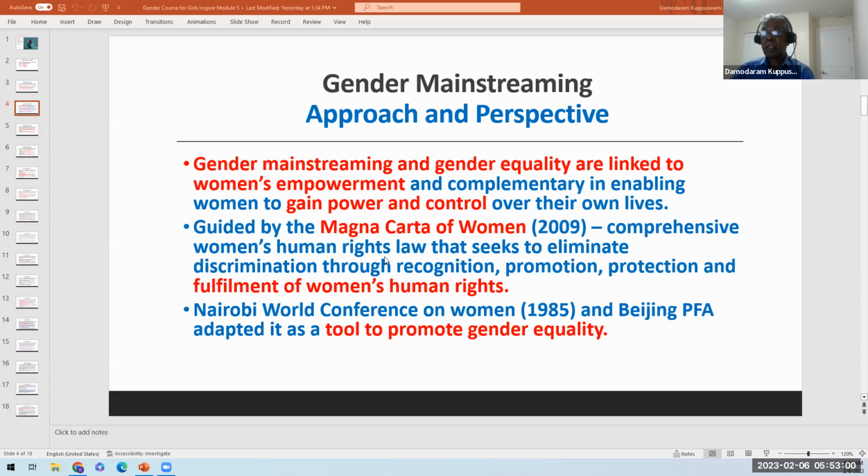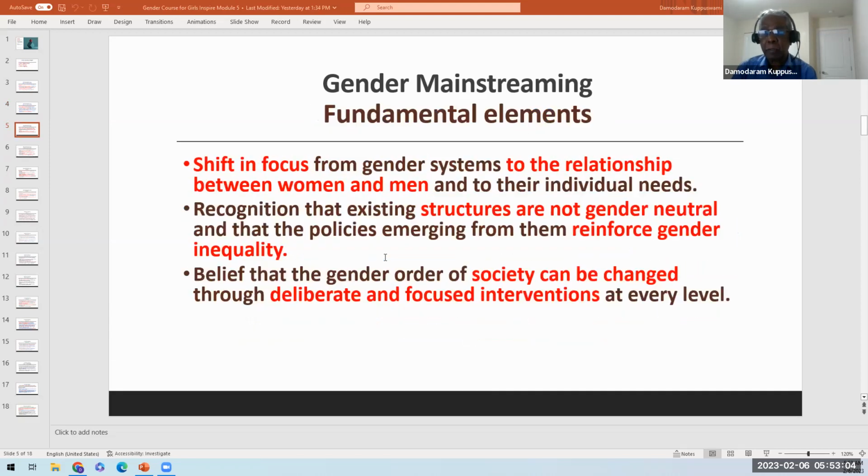So let's look at what fundamental elements must exist when we say gender mainstreaming, or in other words, what different elements it should focus on.